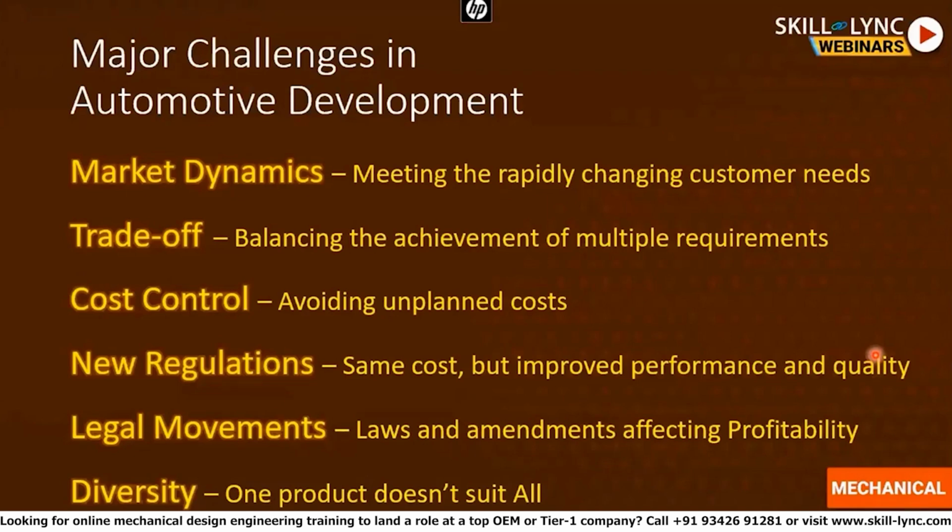And fifth is legal movements. Legal movements are basically the laws and regulations proposed by each country. One good example is that recently the United Kingdom President or Prime Minister, I don't know, announced that from 2030, only electric vehicles will be sold in the UK.